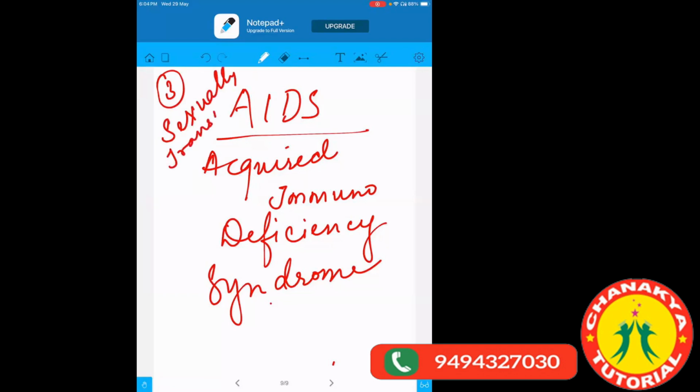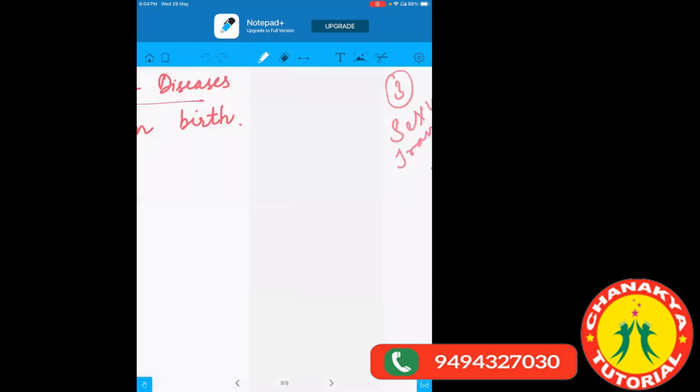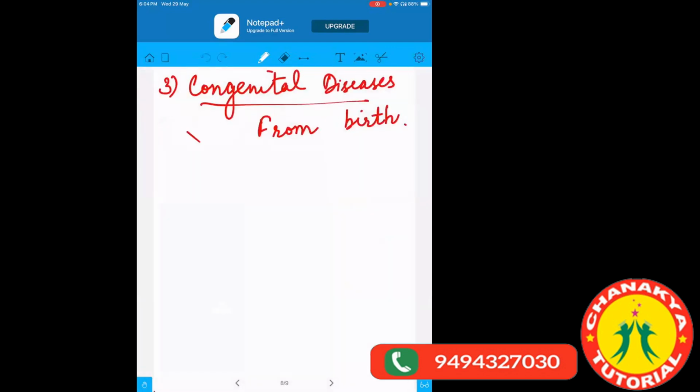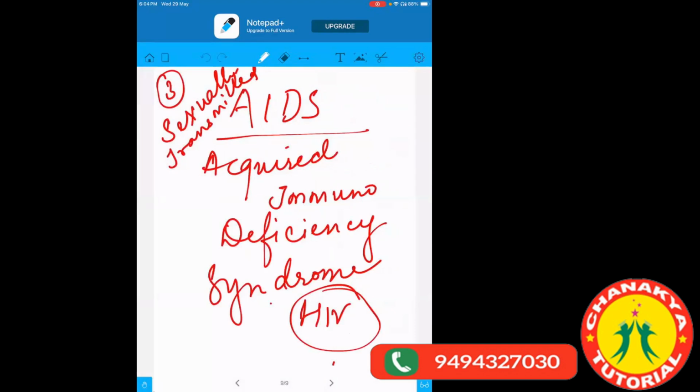What is it? Through sex, it gets transferred. And it is caused by the virus, which is HIV, human immunodeficiency virus. So that is how it spreads. Congenital disease means from birth, it will be there in the person.